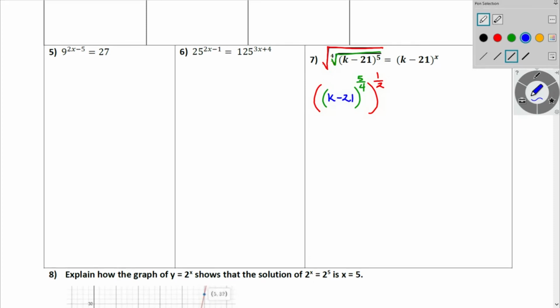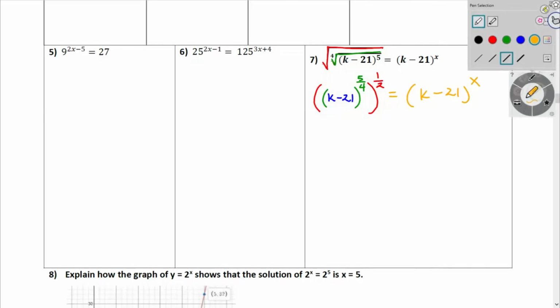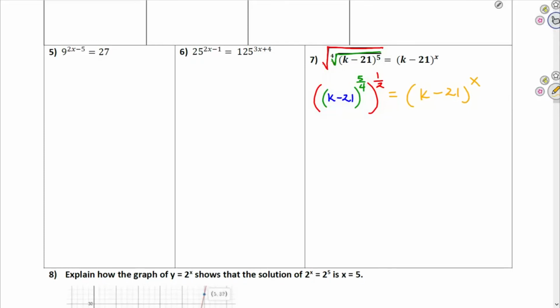Okay, now you're probably thinking that's still crazy, and I agree, it is a little bit crazy. Okay, but we'll get there, don't worry. Okay, that's equal to k minus 21 to the power of x. All right, so using the power rule, I have an exponent to an exponent, okay? Now I can multiply these together to simplify that, okay?